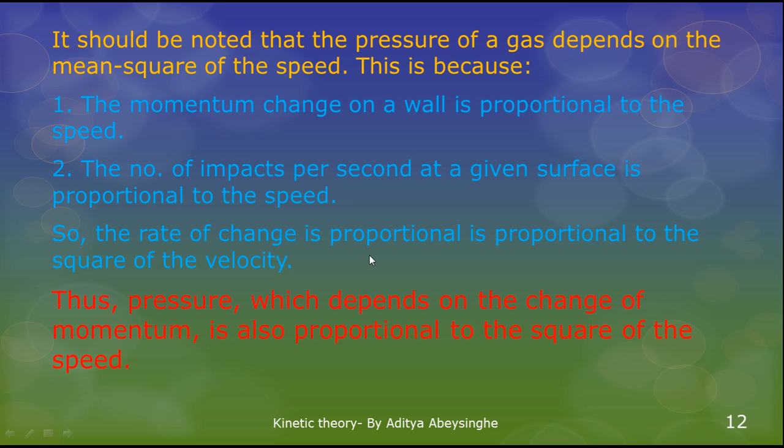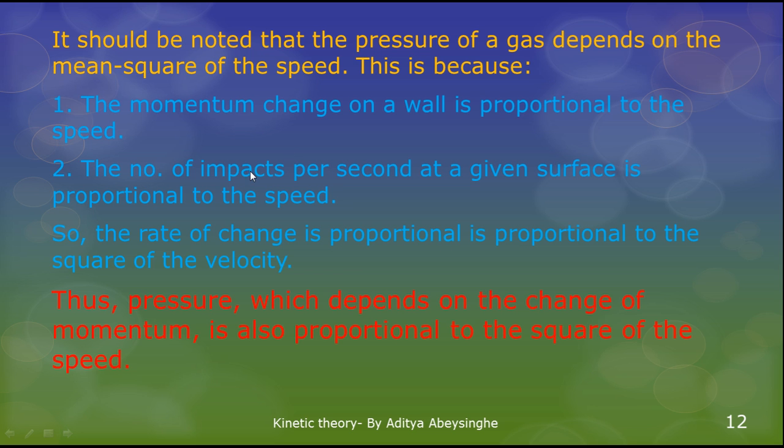When the speed increases, you know that the speed is the rate of change of distance, or the distance per unit time. So when you take a unit time, speed is proportional to the distance. When you increase the speed somehow, for example by increasing the temperature of the system, the distance moved per unit time increases.